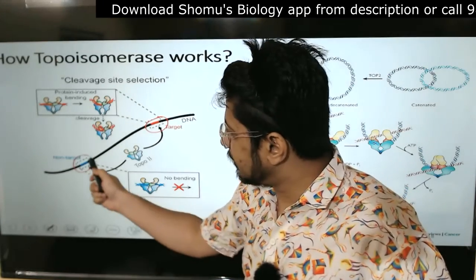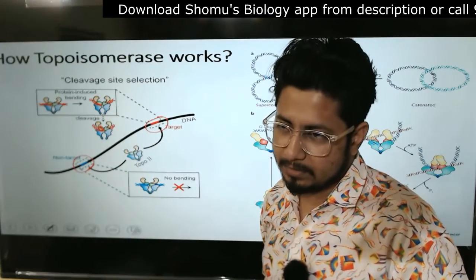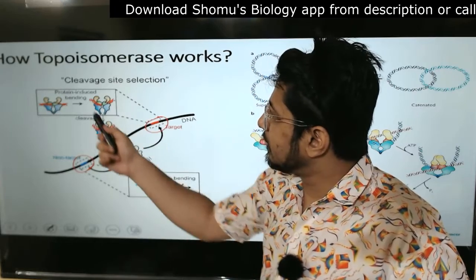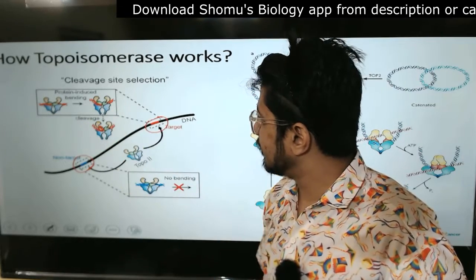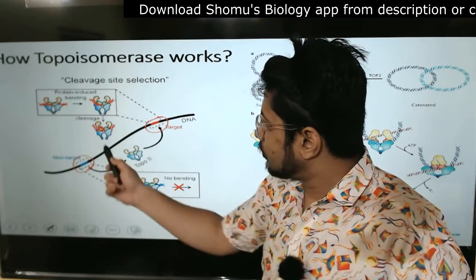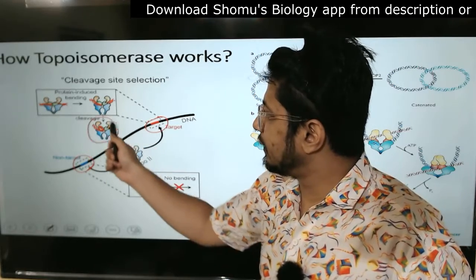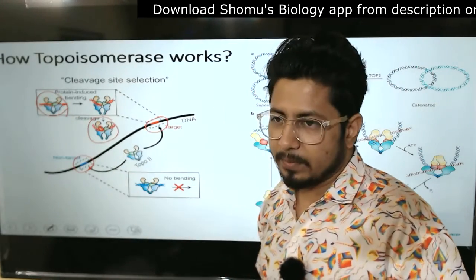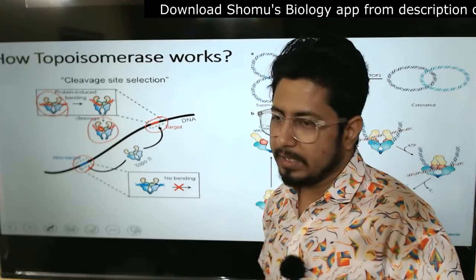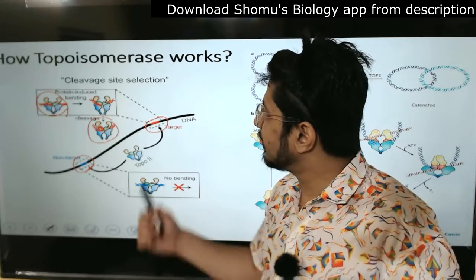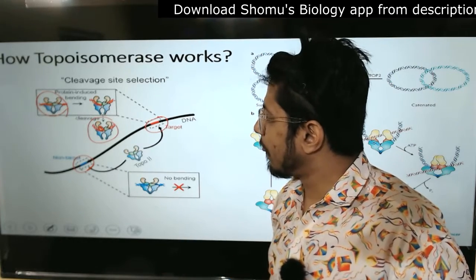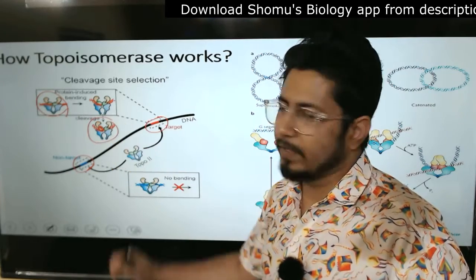Not all the sequences are targets. Here you can see the protein induced binding is fit. The target is fit. So if the target is not associated with the topoisomerase properly, the cleaving is not done. Now who dictates this target?